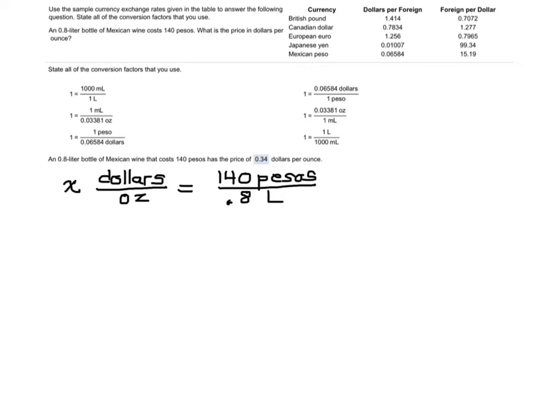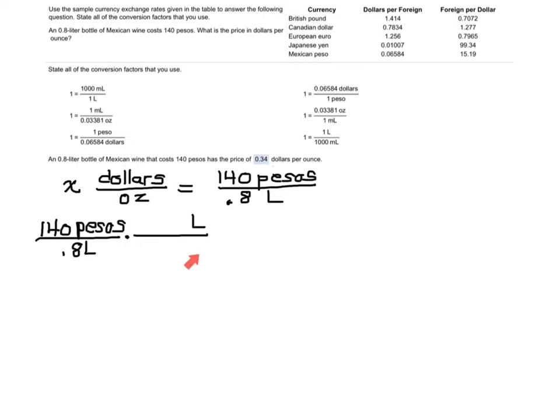So we need to use our unit conversion factors that we have right here to help us with this. Let's start by saying, I have 140 pesos over 0.8 liters, and I want to convert that liter, so I need to write another fraction with liters in the numerator because I want to cancel out the liters and I want my new unit of measure in the denominator.